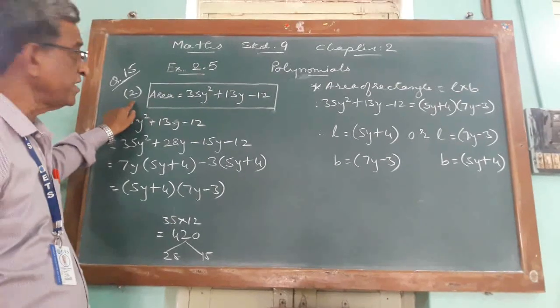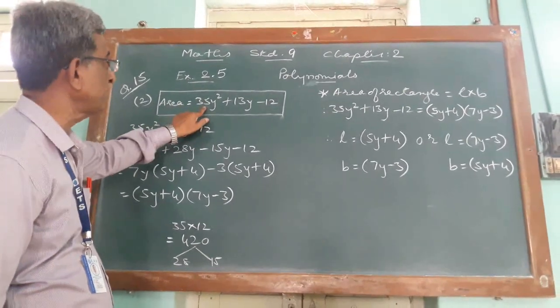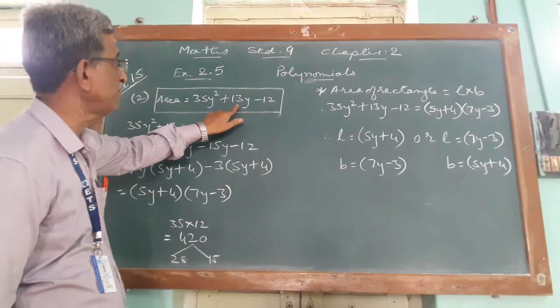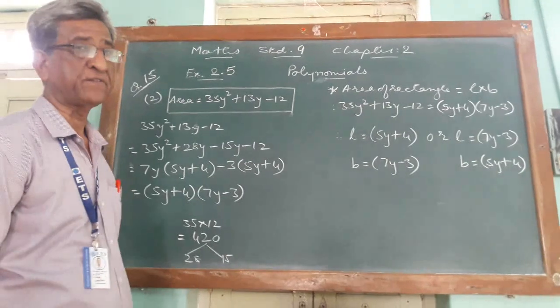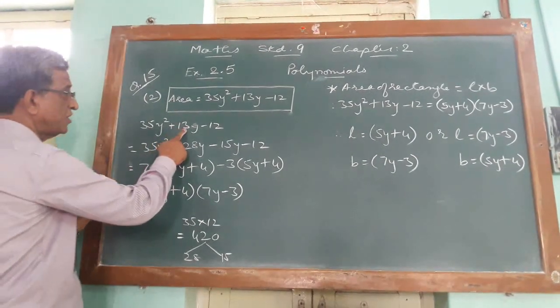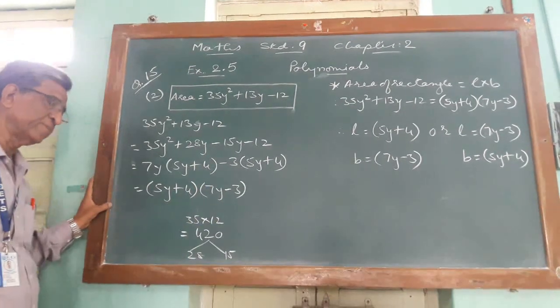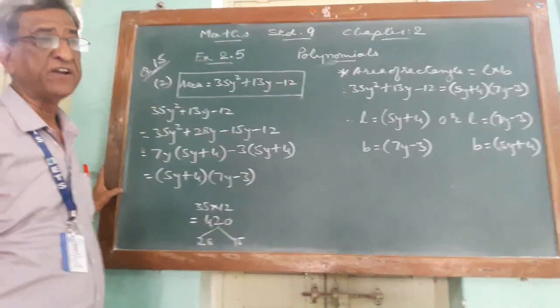Now question 2. Same method, area is given. Area of rectangle is 35y square plus 13y minus 12. First of all you need to factorize it. Remember the method of trinomial.